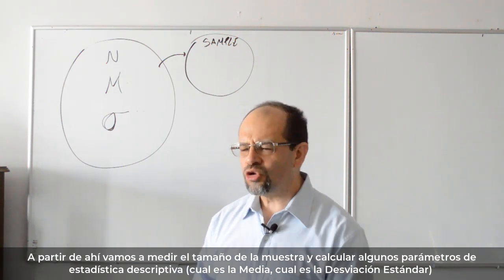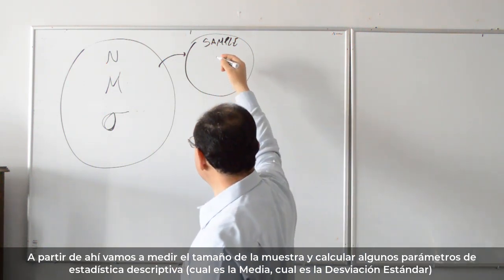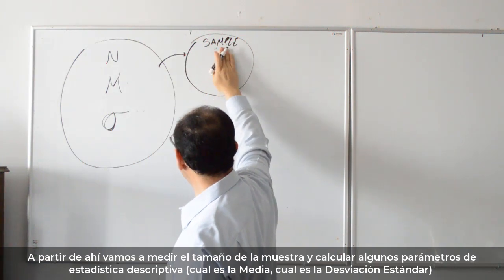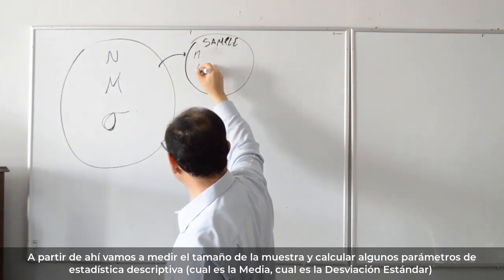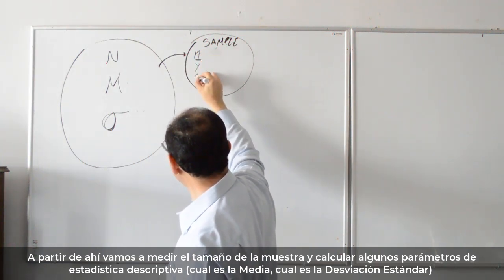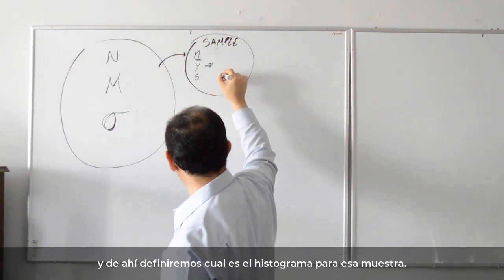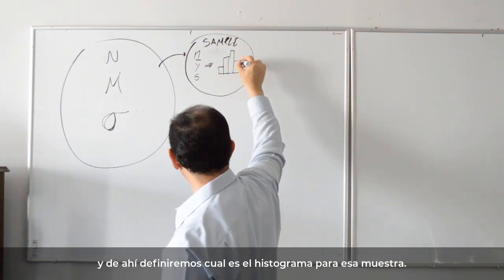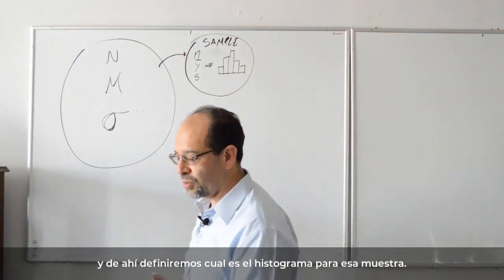From there, we are going to do some statistics. We are going to define the size, and then we are going to define some descriptive statistics. What is the mean? What is the standard deviation? And from there, we are going to define what is the histogram, for instance, of that population.